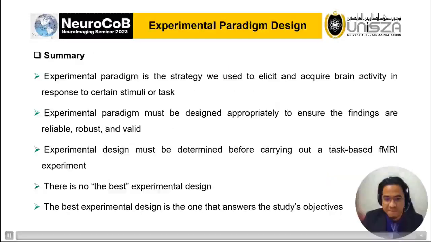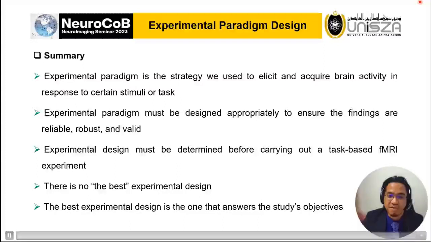Next, the summary. Experimental paradigm is the strategy we use to elicit and acquire brain activity in response to certain stimuli or tasks. The experimental paradigm must be designed appropriately to ensure the findings are reliable, robust, and valid. Experimental design must be determined before carrying out a task-based fMRI experiment.